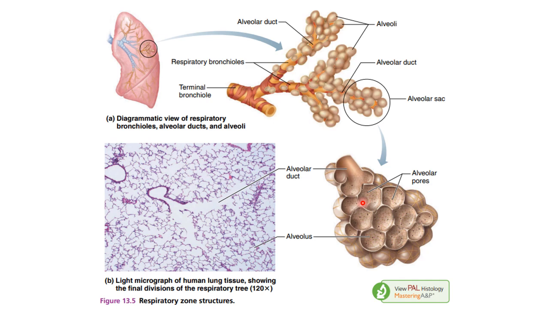What you can see here would be holes on the walls of the alveoli, and these are your alveolar pores, or alveolar pores of Kohn. So what does this do? It will cause equilibration of air in between alveoli so that the air from this alveolus can go into the other because of the pores. The air will pass through the pores.